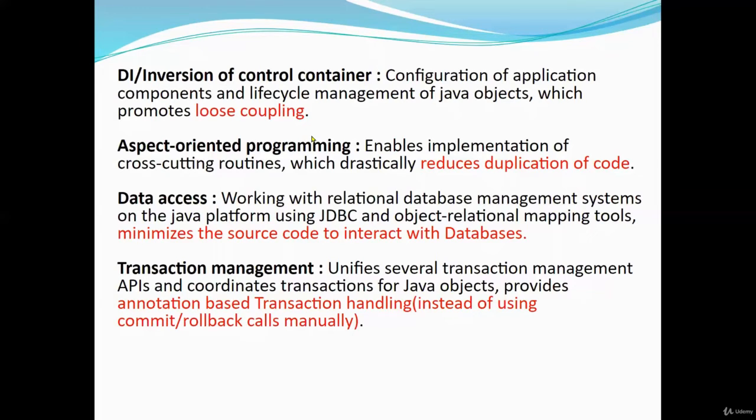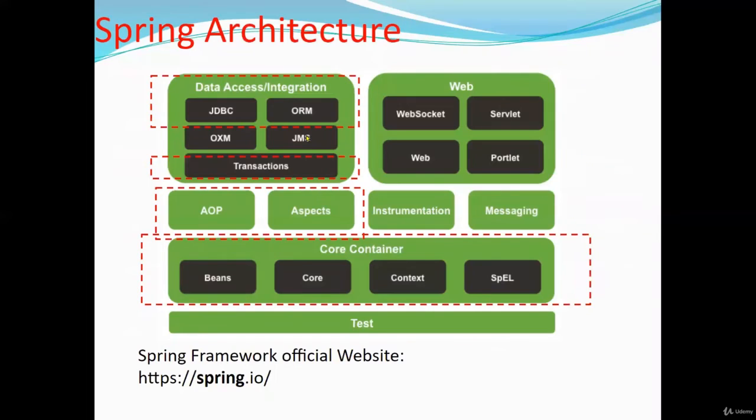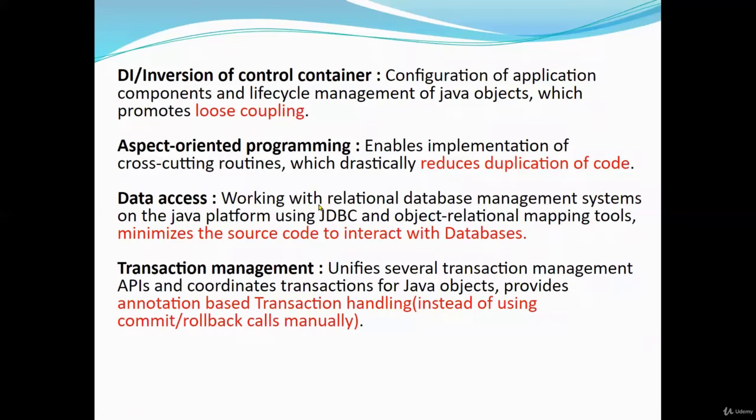Next, aspect oriented programming. See, if you go back and see the diagram, there is AOP and aspects, both are the same, aspect oriented programming. So why do we need aspect oriented programming? See, aspect oriented programming basically helps in separating the cross cutting concerns from our application. So what does cross cutting concern mean? It is the duplicated statements which you will be using again and again.